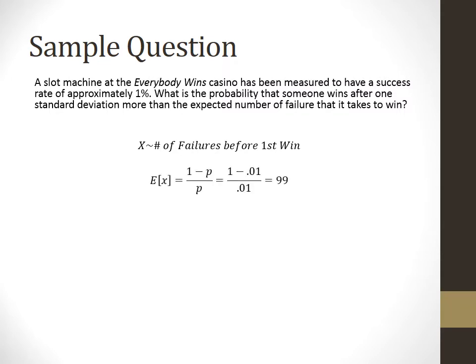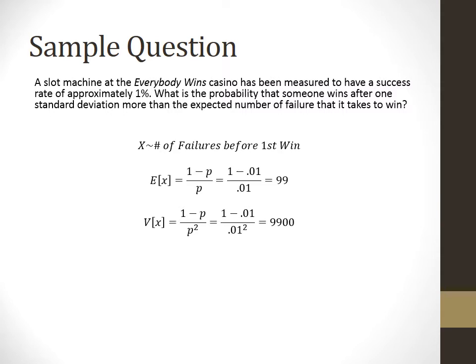The expected value of x is (1 minus the success rate) over the success rate. The success rate, 1%, is 0.01, and you can see that the expected number of failures before the first win would be 99. And the variance formula, very similar to this, is (1 minus the success rate) over the success rate squared. So you can see that the variance is 9,900.